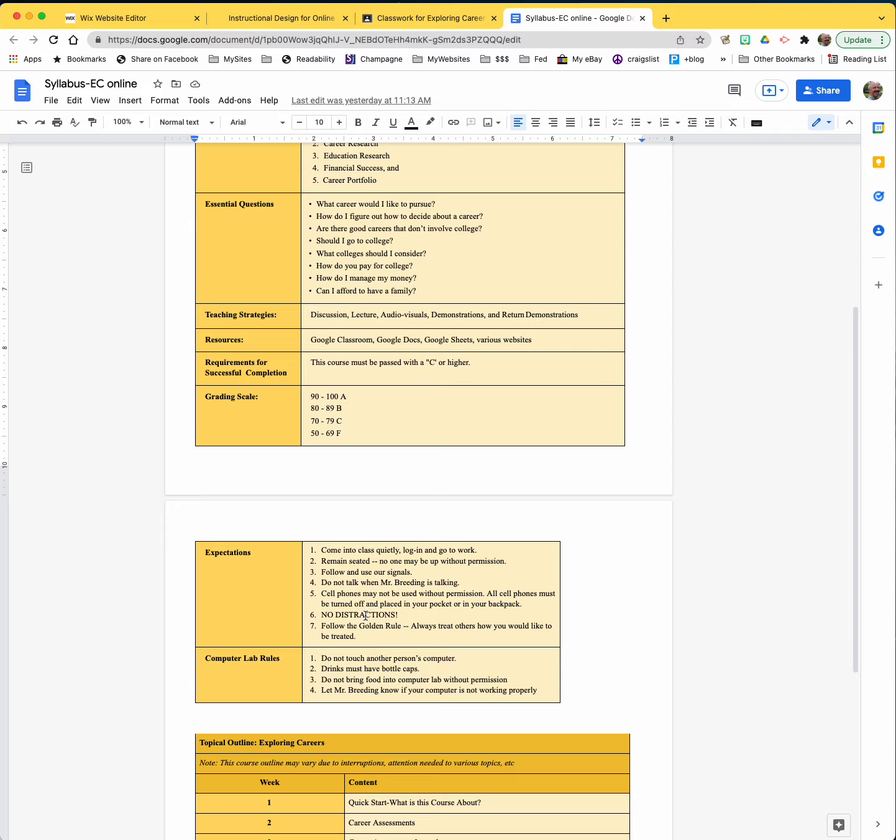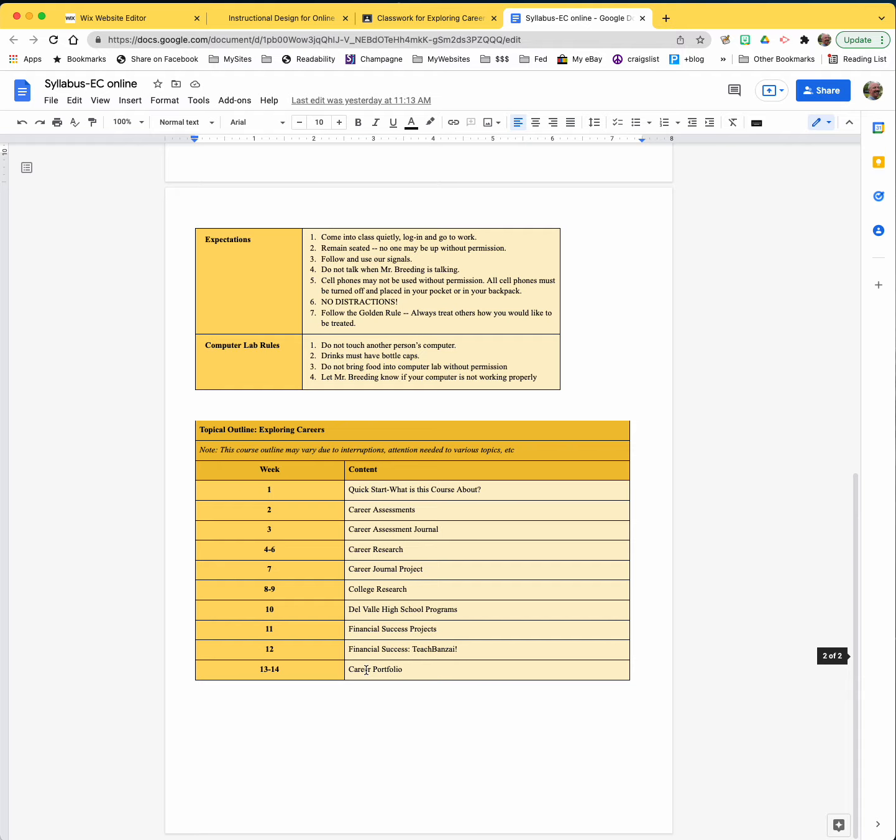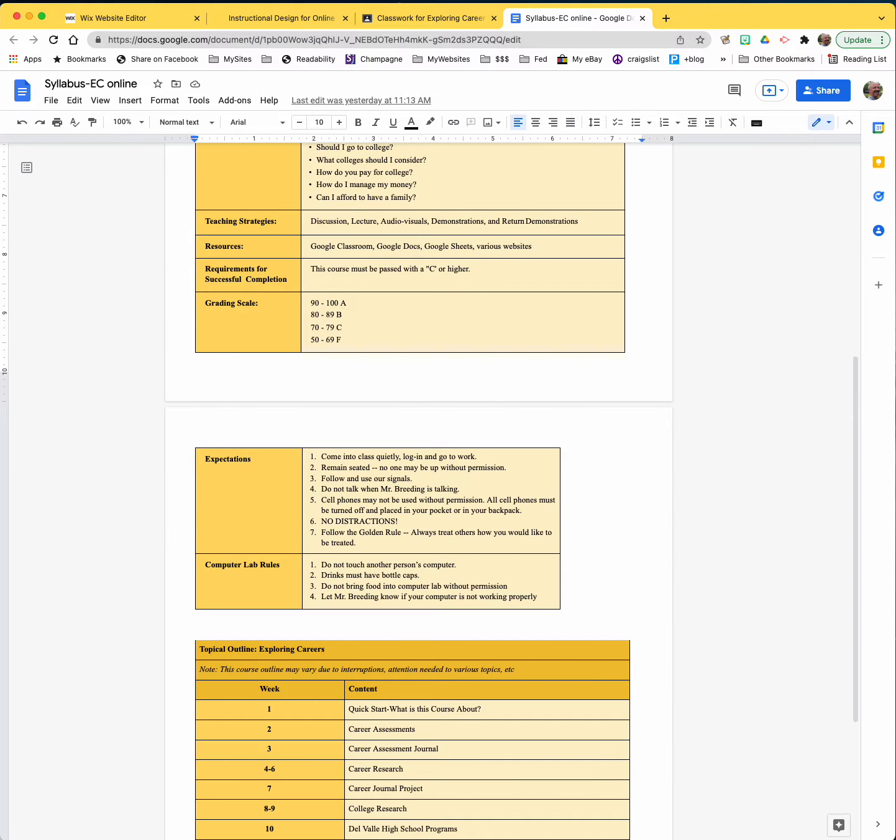Also, I'm listing here the classroom expectations. This will need to be adapted further for the online course. Okay, so that is the syllabus.